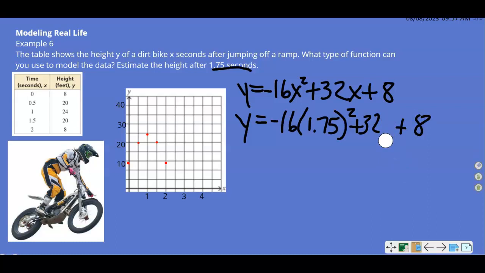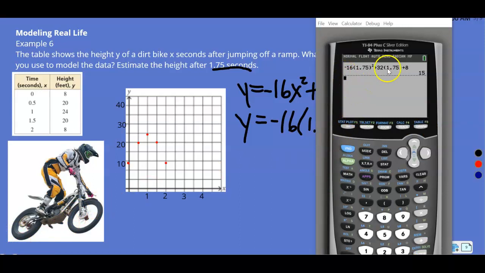And that x is also going to be 1.75. All right, so I am running low on time, so I want you to take your calculator, see if you can figure that out, and then we'll talk about the answer.